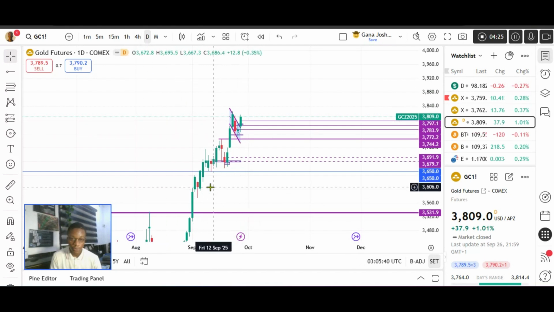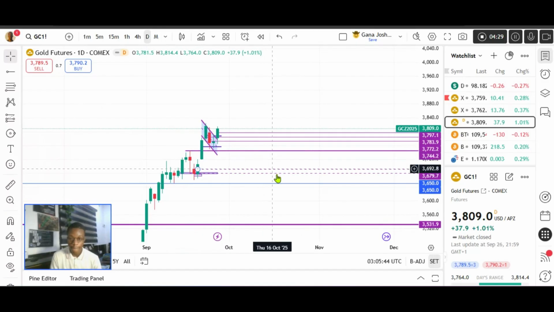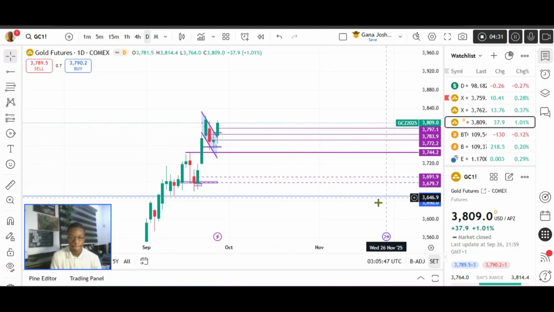From our daily time frame, our previous high is this one.